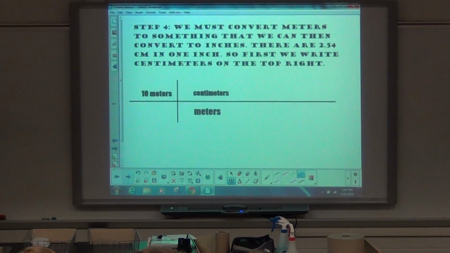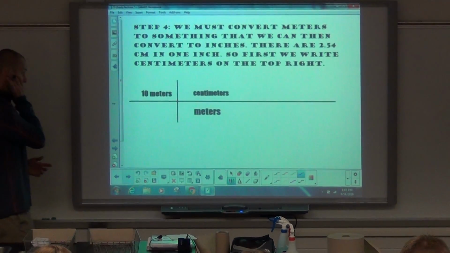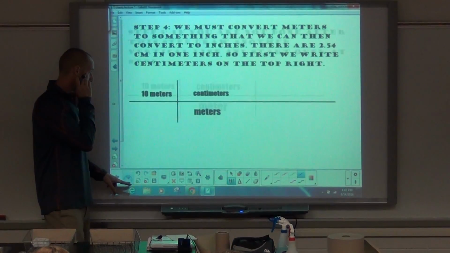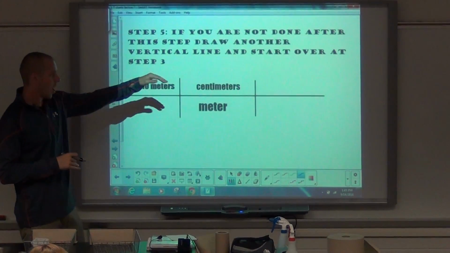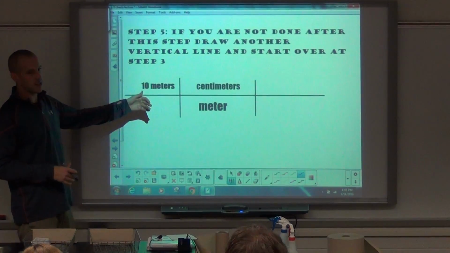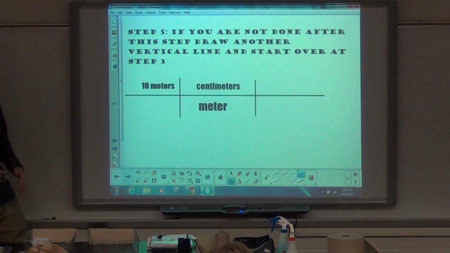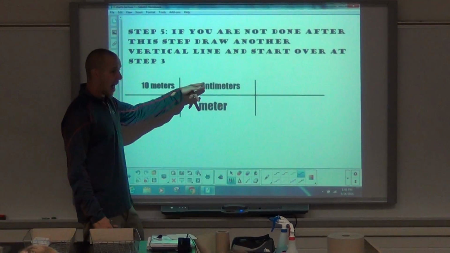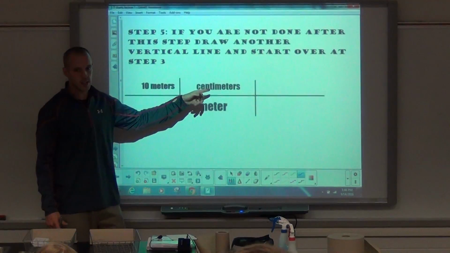It says on top, step 4, we must convert meters to something that we can then convert to inches. And I'm telling you right now that there's 2.54 centimeters in 1 inch. So first we write centimeters in the top right. Now we're going to draw another line, and we're going to start over at step 3. So now you have something on top that's not our final value. We're not at inches yet.